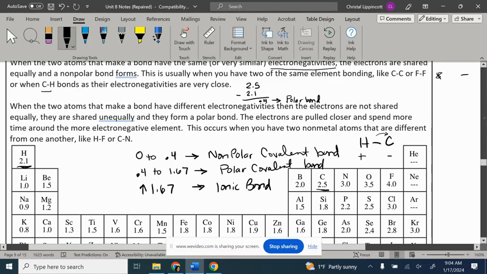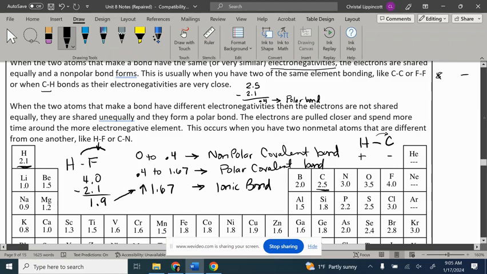Now, that happens just when we're talking about bonds. If we're talking about something like H and F, look at the electronegativity difference between them. This is 4.0 minus 2.1. That comes in as 1.9, so that is very, very polar.